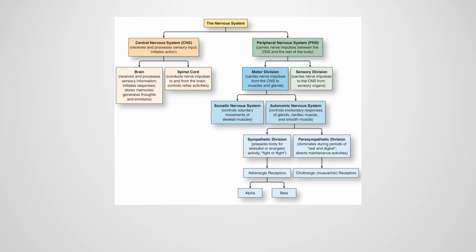And the reason we call them muscarinic is they respond to a chemical called muscarine, and there's nicotinic receptors that respond to nicotine. But the main receptors of the parasympathetic system are cholinergic, or in quotation brackets, muscarinic receptors that are stimulated by acetylcholine.